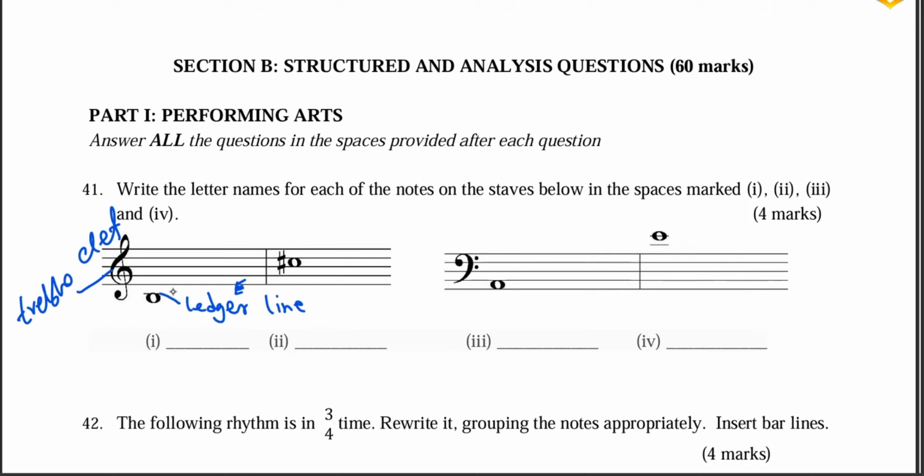A ledger line increases the number of lines and spaces. So below it, we have created a new space which is going to be represented by note D. Then the line itself, that is the ledger line, will be note C, and below it we are going to have note B. That means this first note here will be note B.